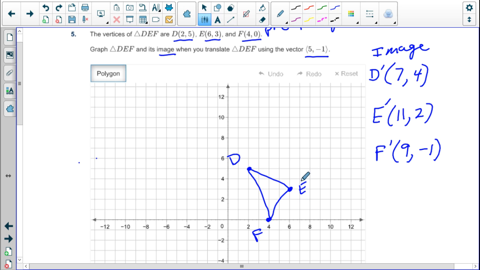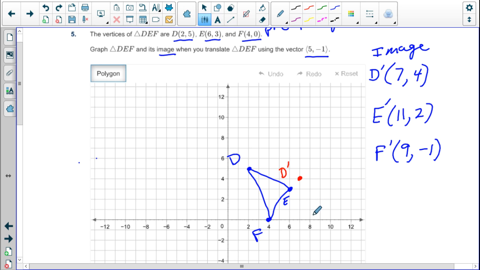Let me move my point E out of the way a little bit and redo that. So this is E right here. Sorry about that. Now, that new point that I just did, that's my D prime at 7, 4.